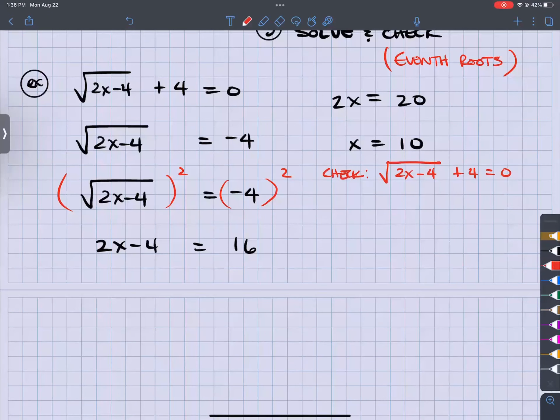So 2 times 10 is what? Minus 4. Square root of that. So it's 4 plus 4 equal to 0. 8. 8 is definitely not equal to 0. So can I use 10 as a solution? No. So my solution is no solution.